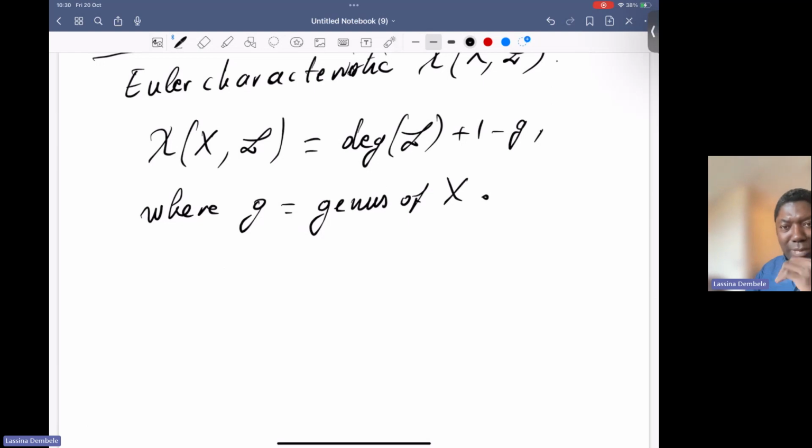So what do I mean by the Euler characteristic behaving well in families? By that I mean the following.